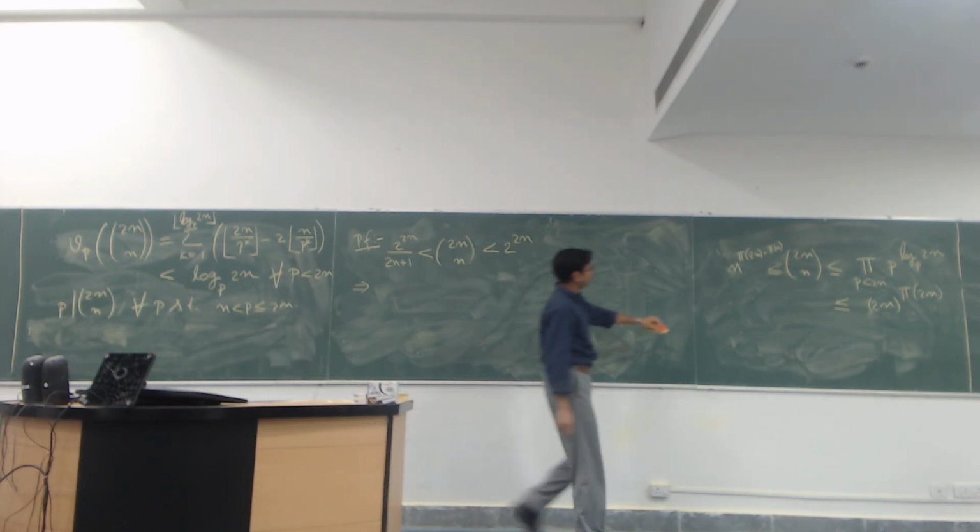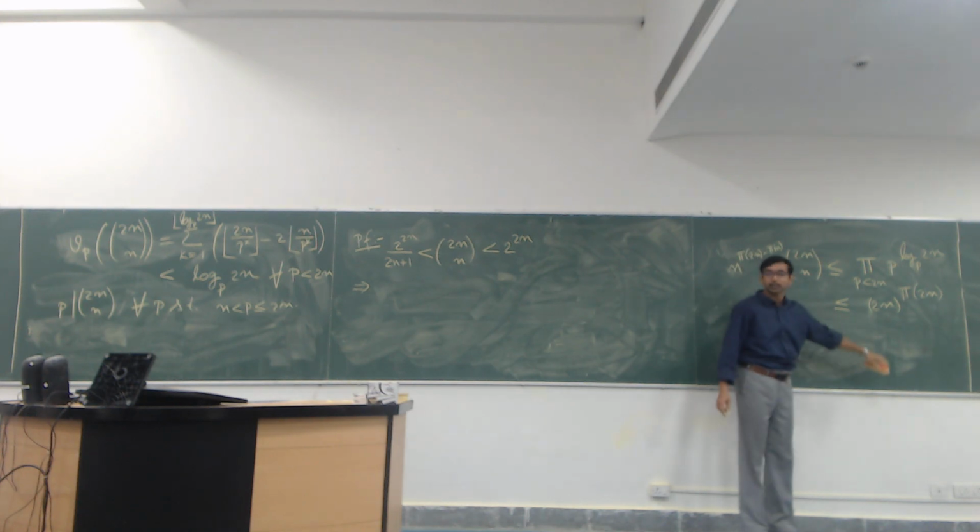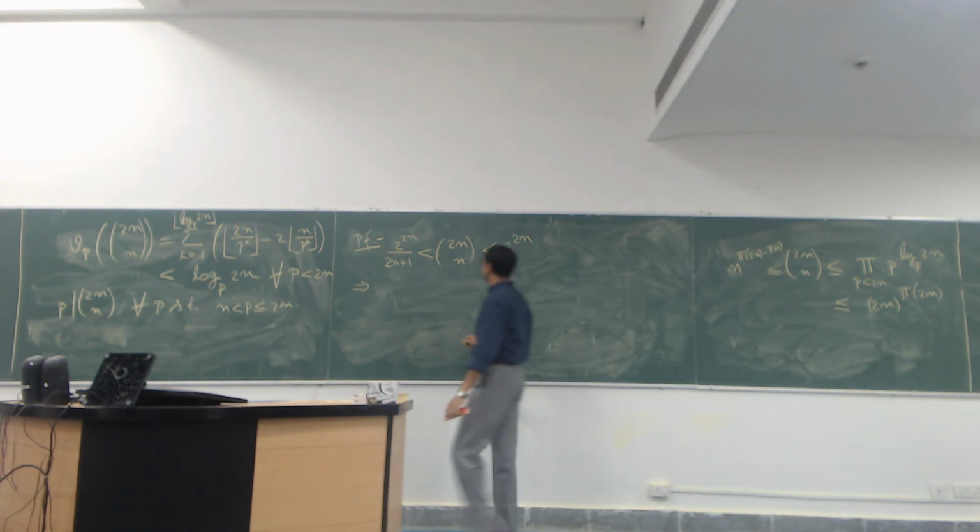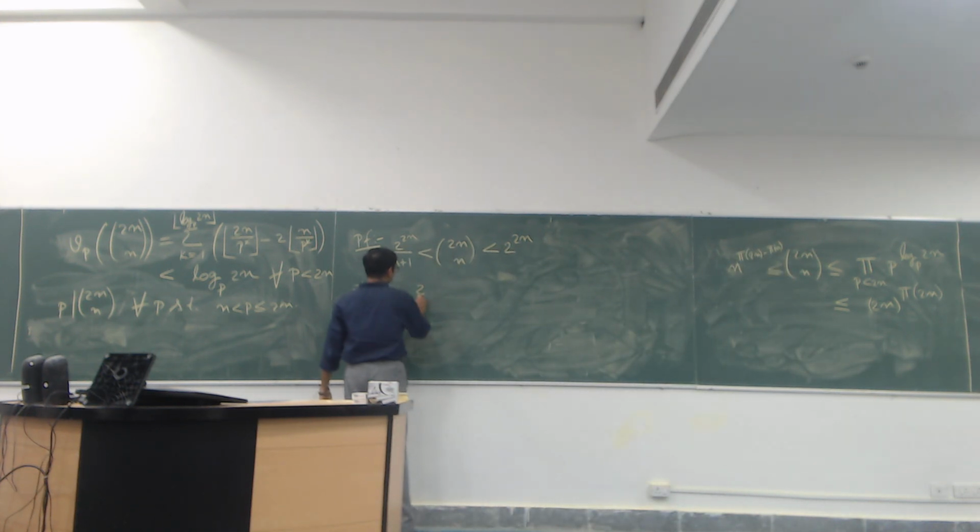Comparing the left hand side at first, the right hand side of this, the left hand side there, what do we get? Well, actually, we can simplify this a little bit more.